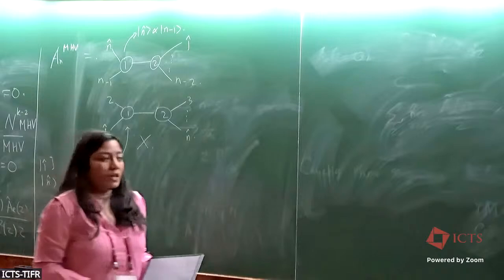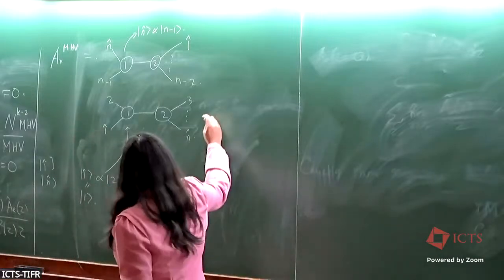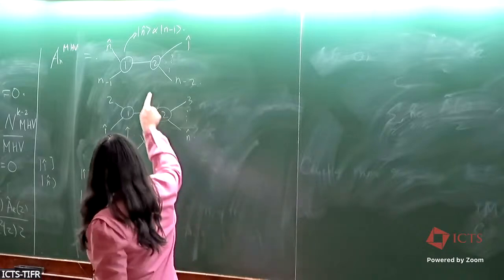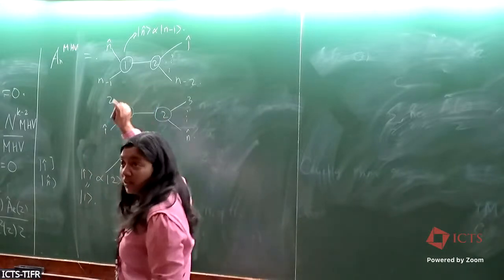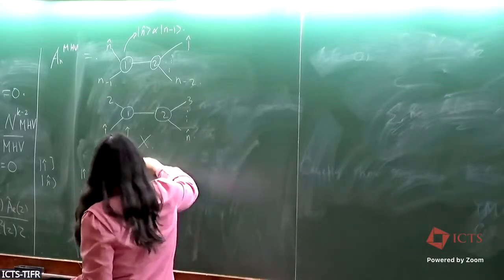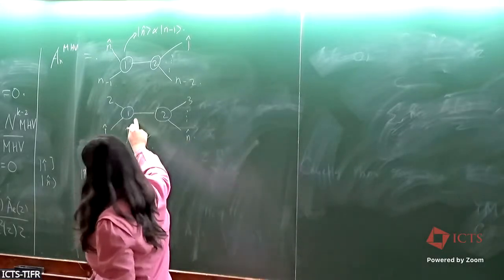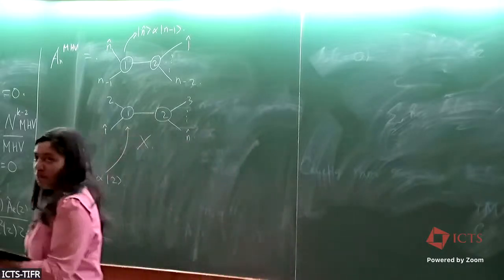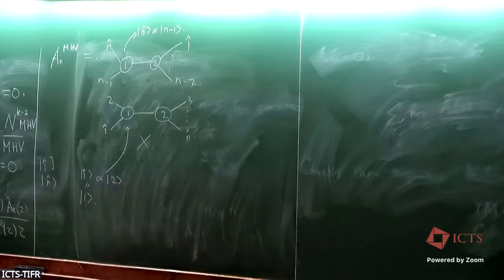The fact that there was only 1 diagram here is because I'm looking at color-ordered amplitudes, but the fact that 1 cannot be attached to an anti-MHV vertex is also true of gravity, for the same exact reason, because of 3-particle kinematics.